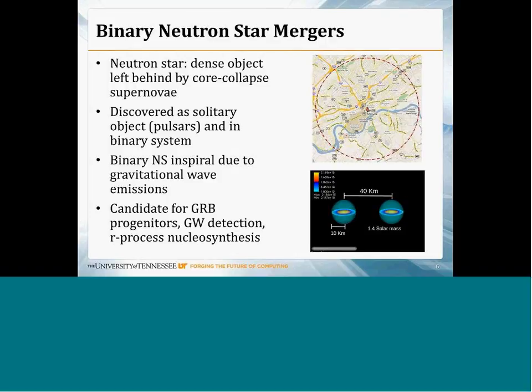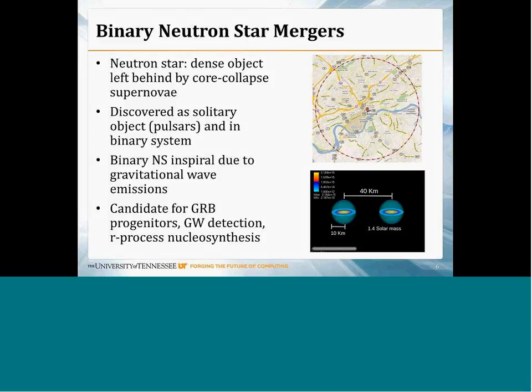Binary neutron stars don't maintain their orbit forever, because as they orbit, they lose energy to gravitational wave emission. So eventually, the binary neutron star will inspiral and merge. That's the kind of thing that produces one of the strongest gravitational waves. Binary neutron star mergers are associated with a host of other phenomena.